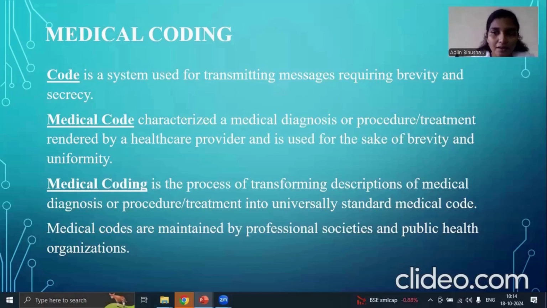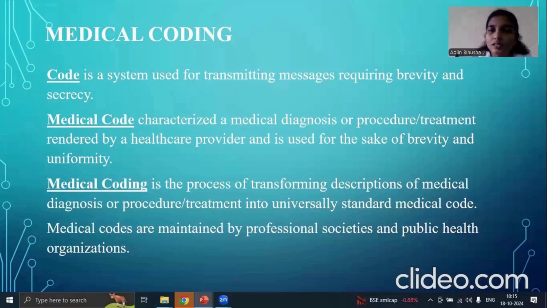That is called a medical report or medical record. The diagnosis, procedure, or treatment given to the patient is recorded. This record is transformed into a code. This transformation is done by a medical coder. This is called a medical code.